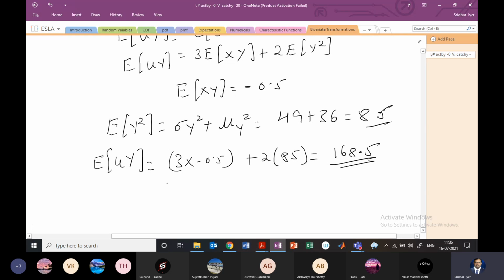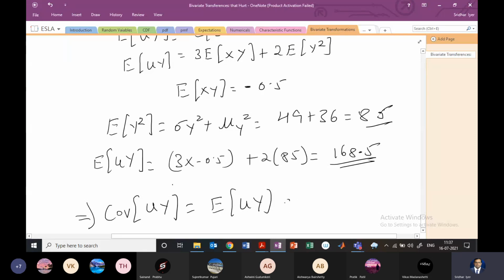And covariance of uy will therefore be E of uy minus mu u mu y.